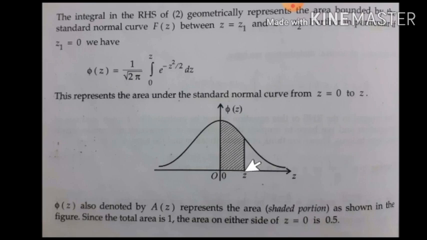And as we discussed earlier, this normal curve is symmetrical about the line z equal to 0. So the area on the left side is 0.5 or 50%, and the area on the right side of the line is also 0.5 or 50%.